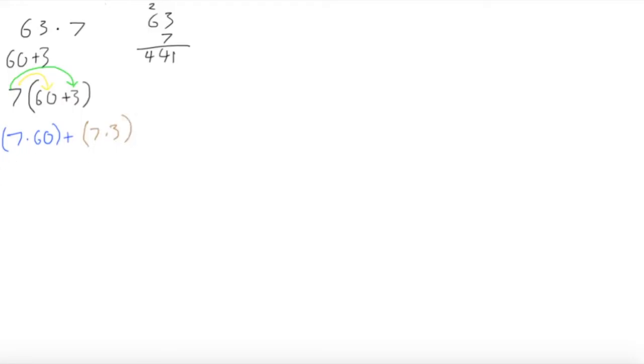Let's look at that. 7 times 60, well, that's 7 times 6. What's 7 times 6? It's 42. If you know your times tables, that's what it is. And then you have the 0, so it's 42, and then you add the 0. So it's 420. Then we have 7 times 3.